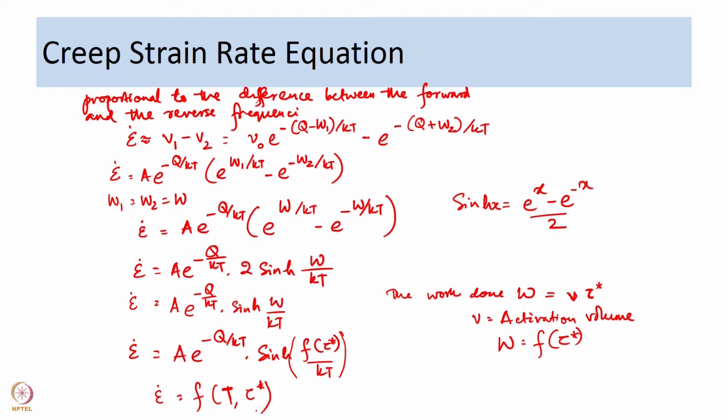This equation is at the heart of creep deformation. It tells you the relationship between the strain rate of deformation, temperature T and the applied stress tau. There will be slight variations of this equation, but the concept is going to be the same.